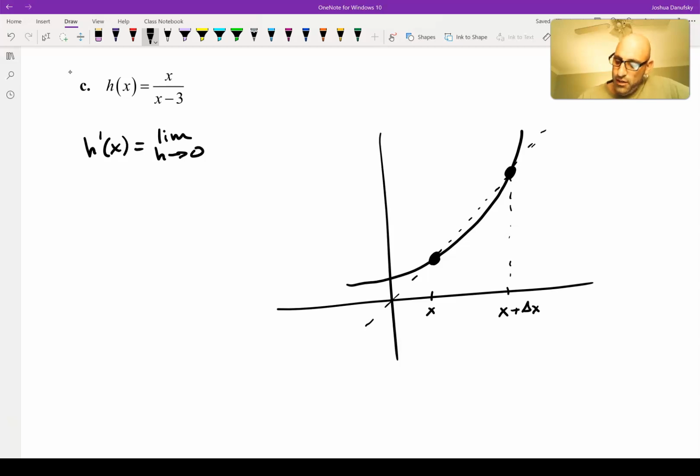It's a change in x. So this horizontal distance here is delta x. This point here is x comma f of x. And this point here is x plus a little bit, known as delta x, change in x, again, comma f of x plus delta x.